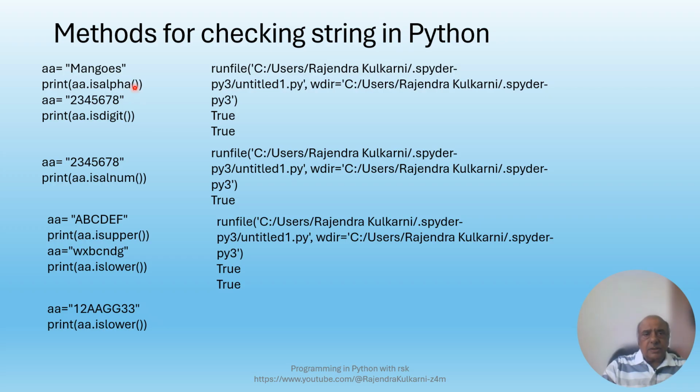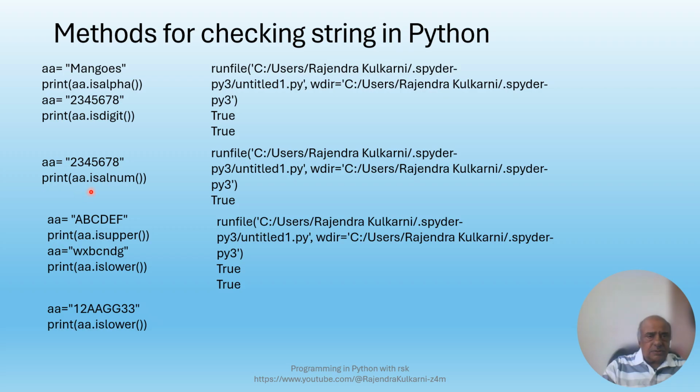If it contains only alphabetic characters, print a dot isalpha returns true. Similarly, a dot isdigit returns true because all are digits here.